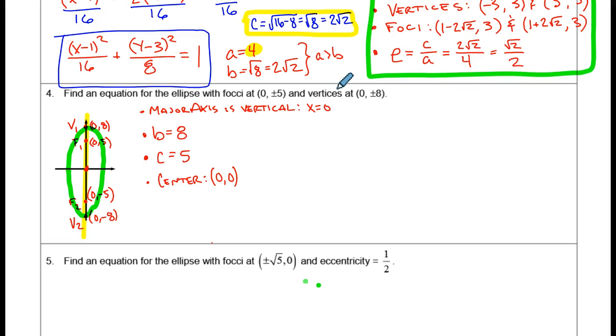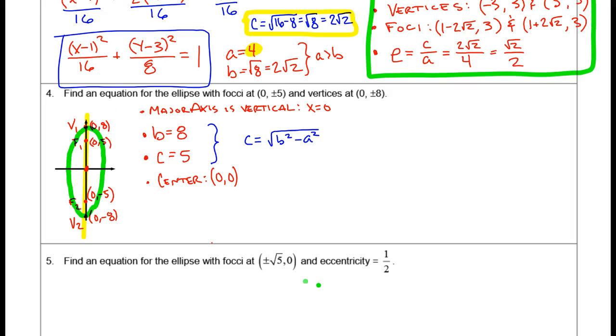From here, though, we can calculate the value of A. So if we use C and B, we know that C is going to equal the square root of b squared minus a squared. Why b squared minus a squared? Because it's bigger denominator minus smaller denominator. Since this ellipse is vertical, we're going to have a b value that's larger than a.